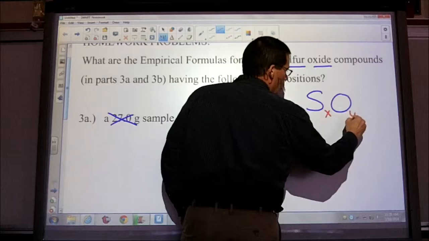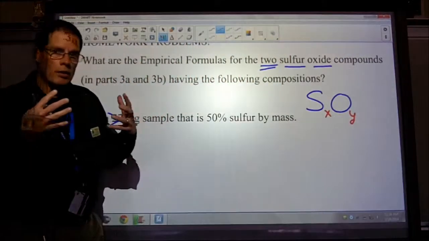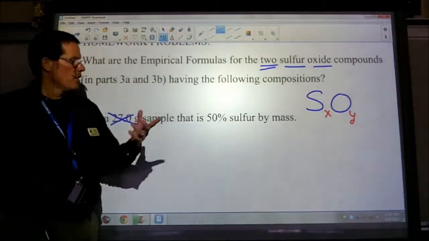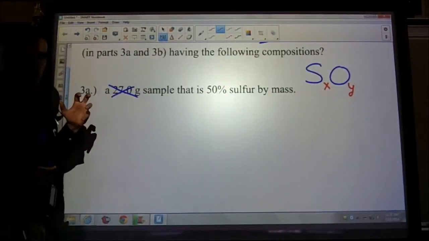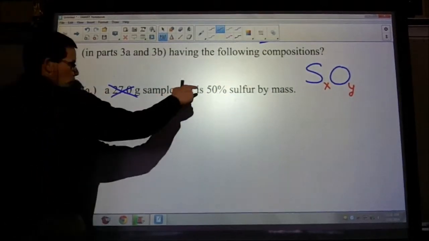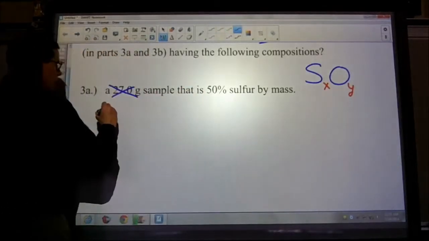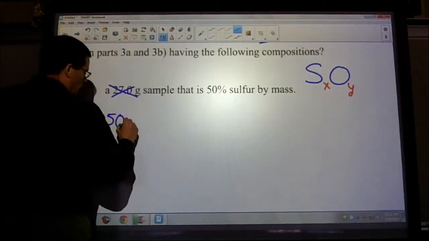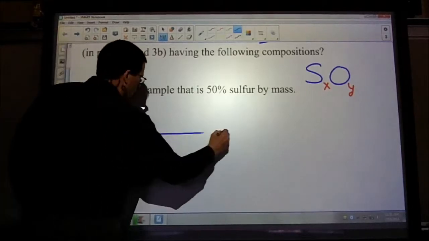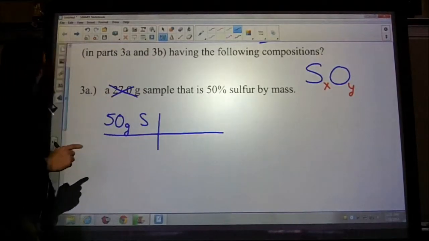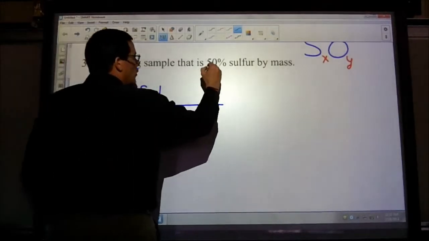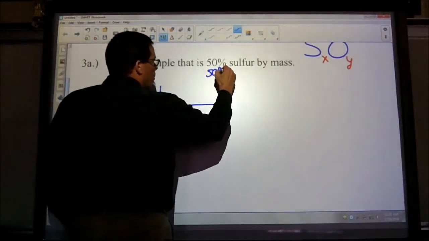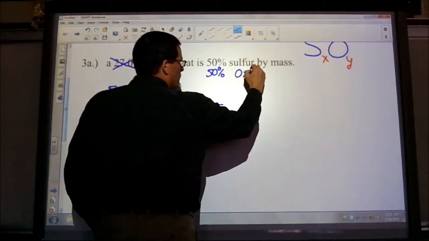And a lot of the students don't even realize that oxygen is included in this question, even though it's not given in the question. So true, we have 50%, which is 50 grams of sulfur, but we also have an amount for our oxygen. So if I have 50% sulfur, then that means that I also have 50% oxygen.